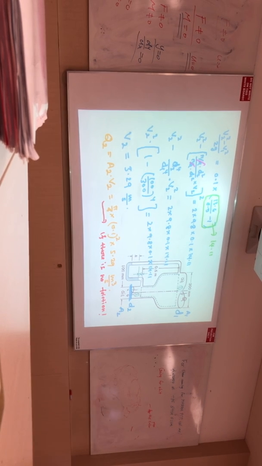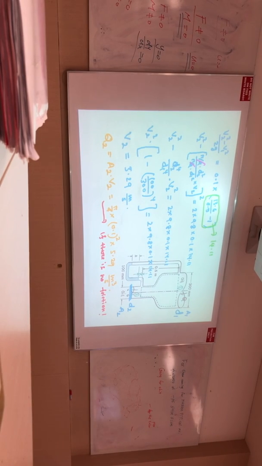Alright. So if there is friction, what to do? Is the flow rate higher or lower? Lower, right? Because friction decreases the flow rate. But you cannot just say it's lower, you have to show it.